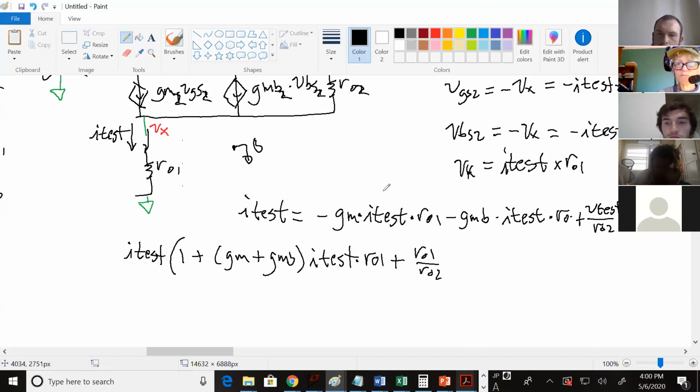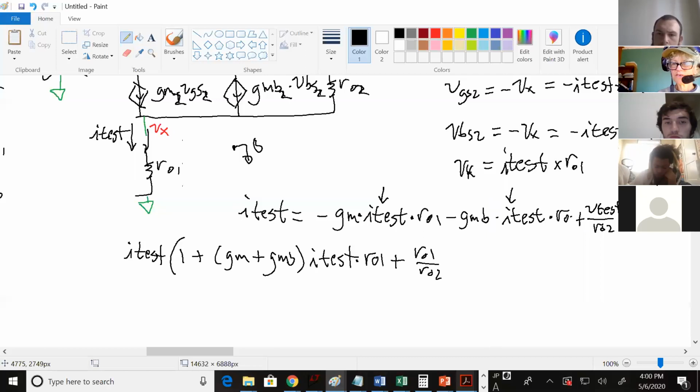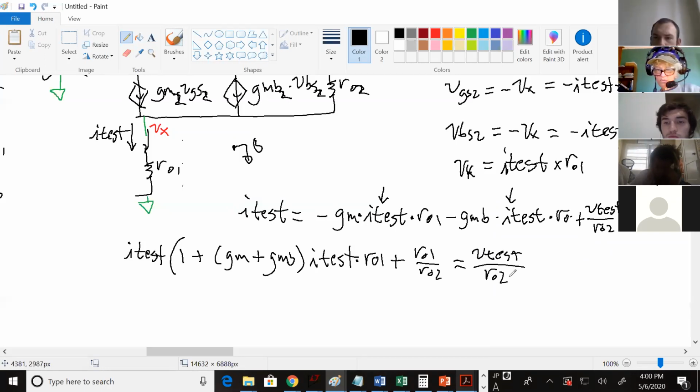So I moved this term and this term and this term over to the other side. So all the I tests are on one side, and that just left this V test over RO2. Okay, one more step, 1 or 2 more steps here.